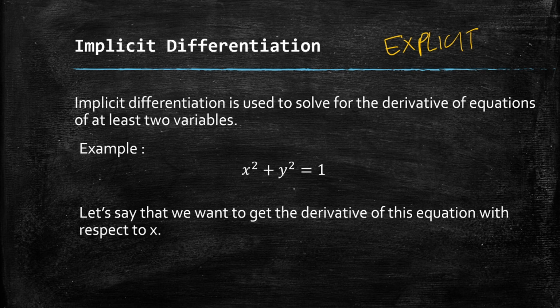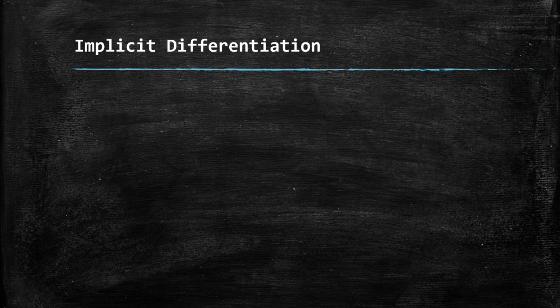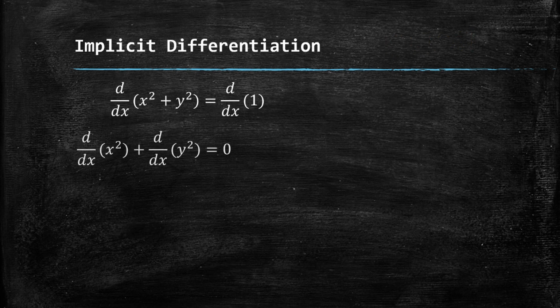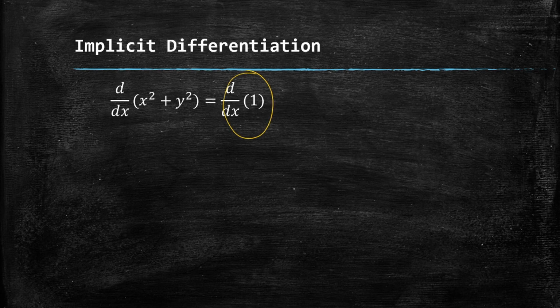To do that, we need to get the derivative of both sides of the equation. So we simply apply our concept of derivative in the context of equations. Take note, you can use the rules here, so we can get the derivative of 1 with respect to x.